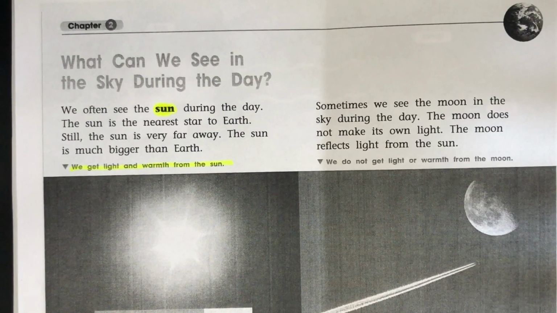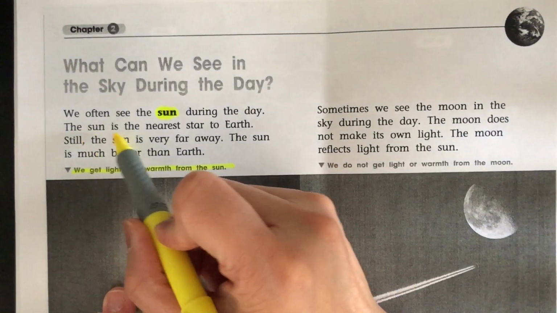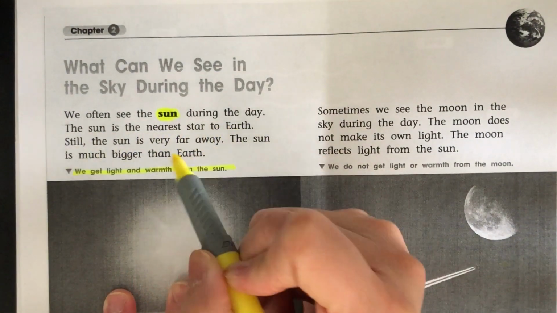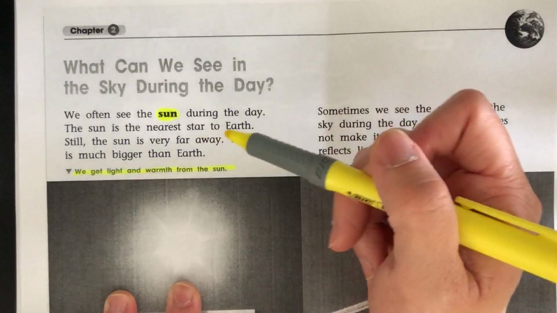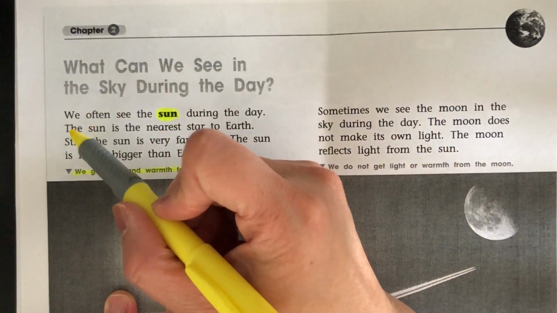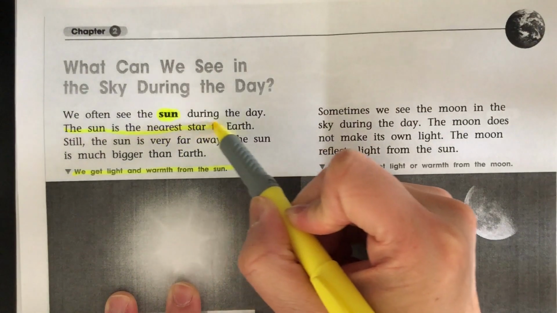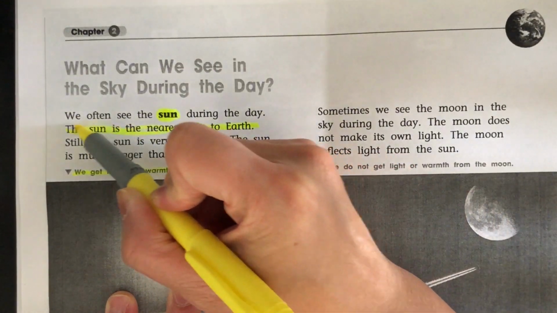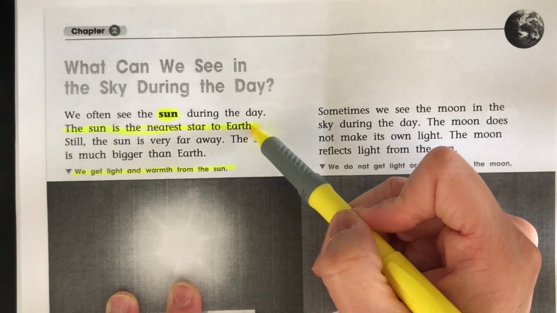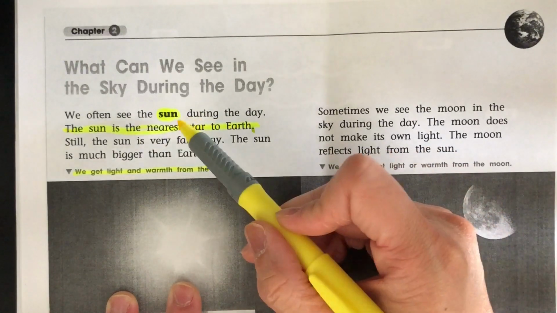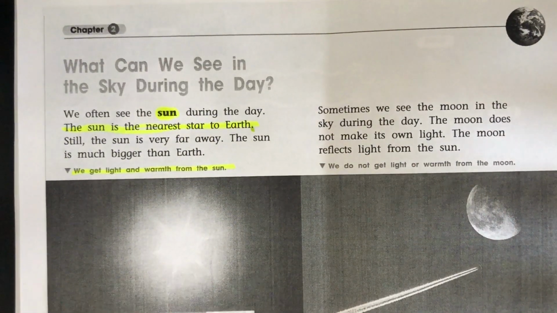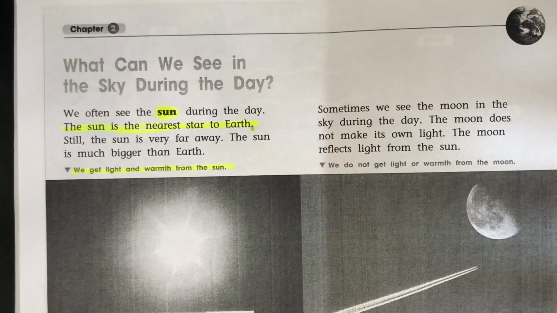Give you a couple seconds to look. I heard somebody say, Miss Chen, I've seen a sentence here. And it says, the sun is the nearest star to Earth. And that sentence tells me what the sun is. So I'm going to go ahead and highlight it. And that is using context clues because we're using a sentence or a word near the word that tells us more about what that is and gives us the definition.